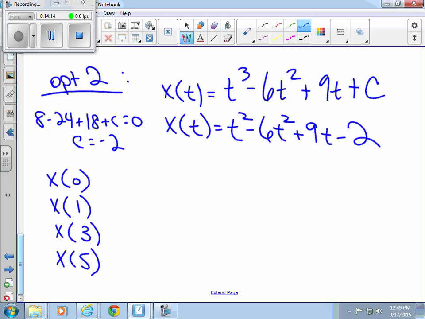Do I need to finish this? Plug in the 0, 1, 3, 5. Then you find the distance between each one and subtract, or then you add them all up. Yeah. You want me to? 1 minus 6. 5. 4.